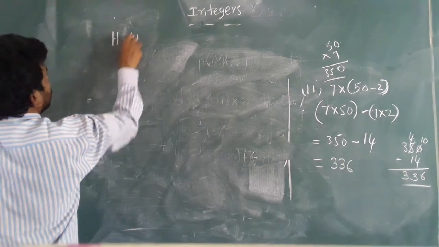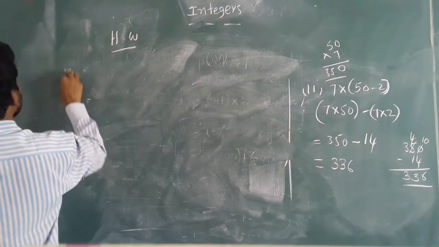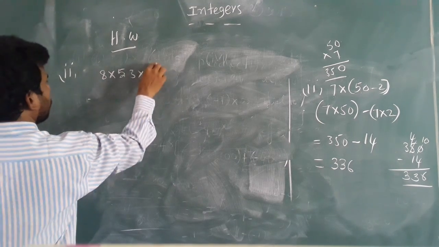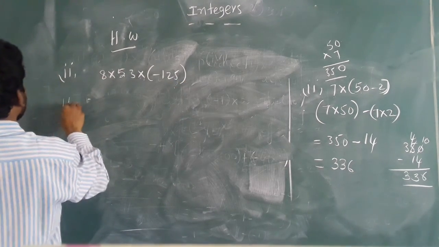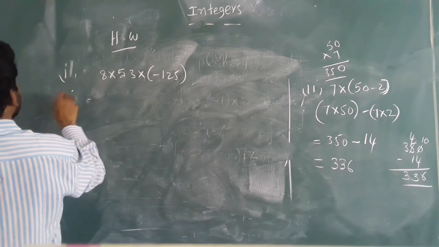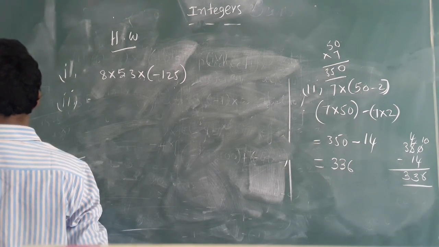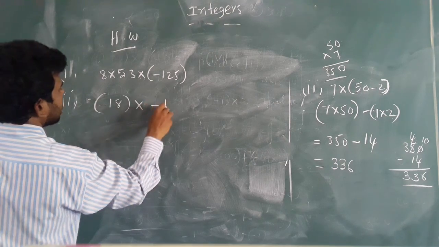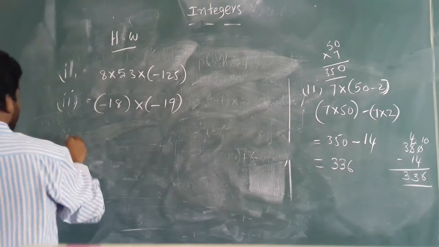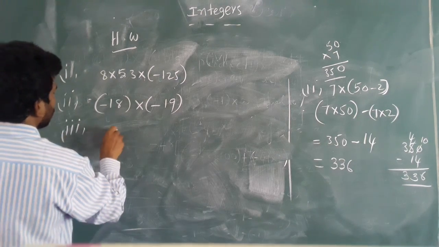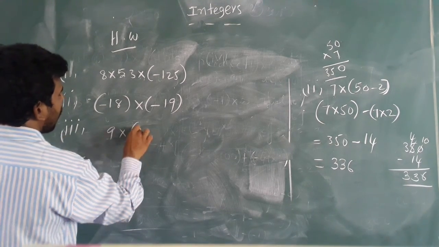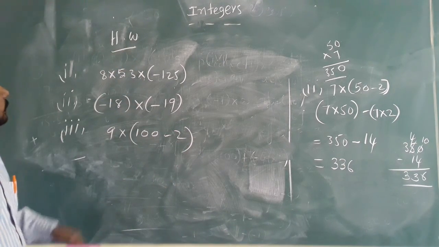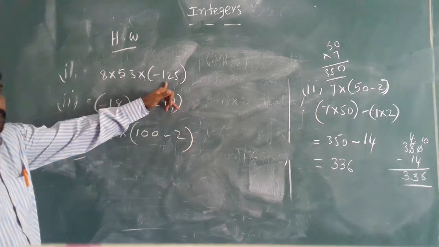Homework, children. First one, 18 into 53 into minus 125.